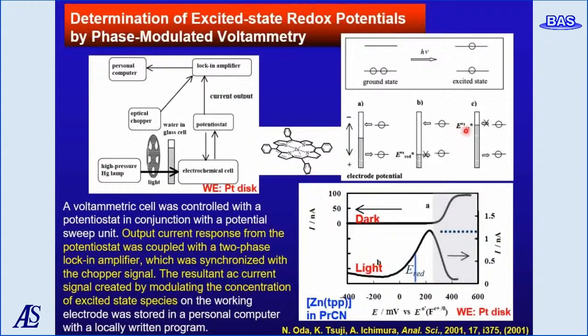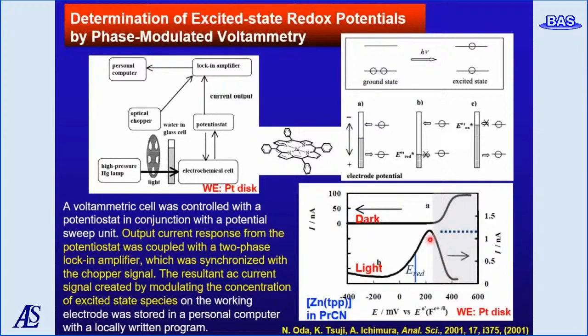One example is shown in this voltammogram for zinc porphyrin. Linear sweep voltammogram of zinc porphyrin at the ground state shows a sigmoidal curve, which gives the oxidation potential of 0.36 volt. The linear sweep voltammetry under light irradiation exhibits a peak at 0.22 volt, and no plateau region is observed.